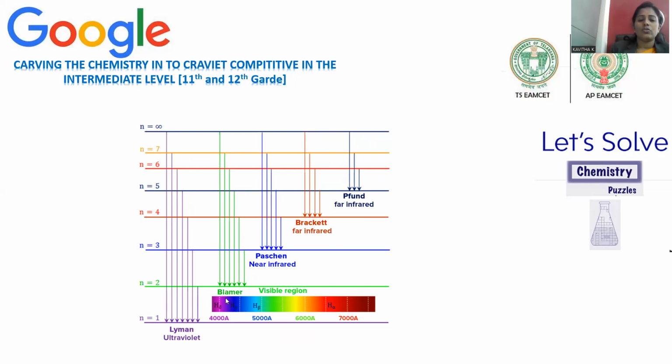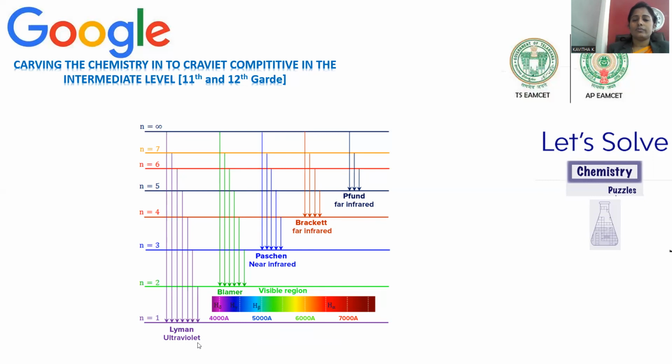Balmer, n equal to 2: any higher quantum number, if the electron comes to the second level of energy, that is the Balmer series, and it occurs in the visible region. Paschen: if the electron comes to the third level of energy, that is Paschen, which is in the near infrared region. Brackett, far infrared region, has n equal to 4. Pfund is also a far infrared region, where n equal to 5.